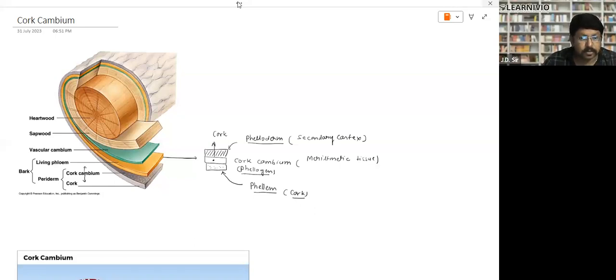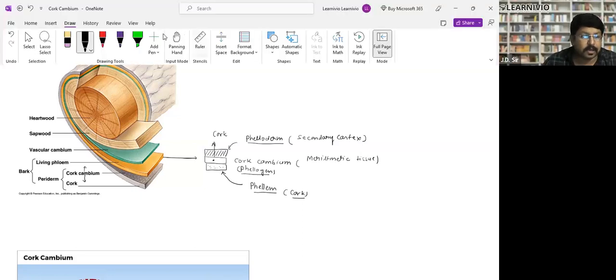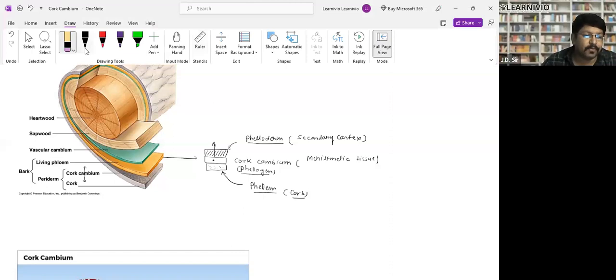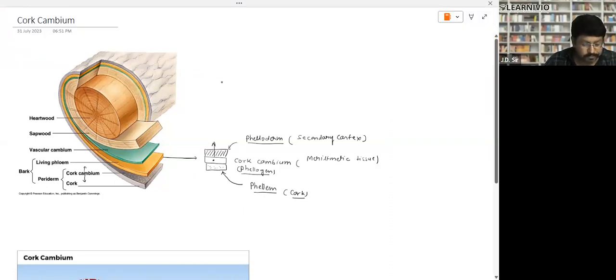Phellogen adds phellum or cork to the outer side.